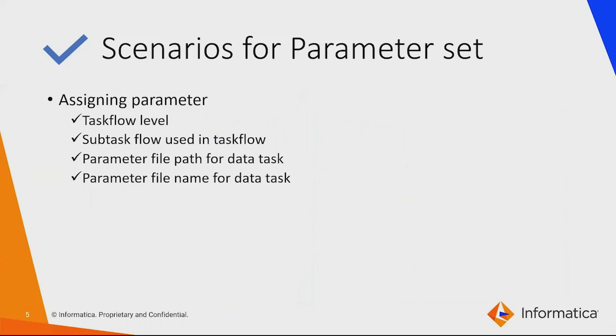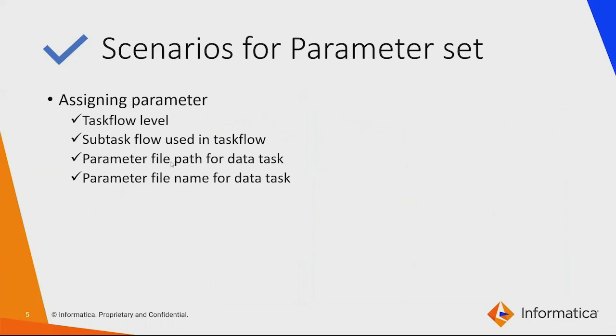And if you want to assign a parameter file path as well as the parameter file name for any data task, very well, you can provide the path and the file name inside that parameter set, and then you can assign that value to the data task with an assignment task, and that task will take those values from that parameter set.